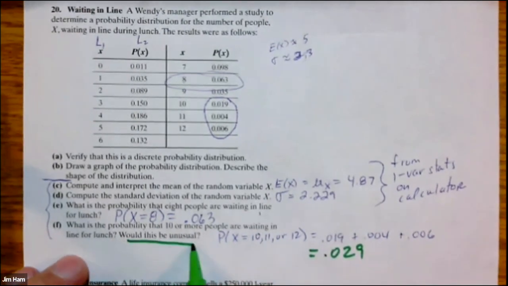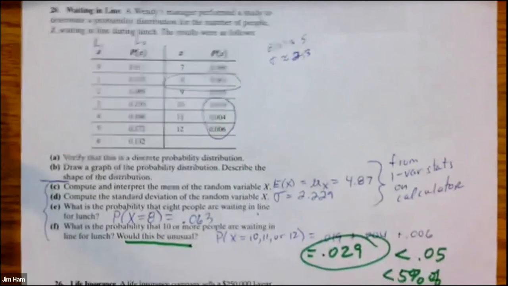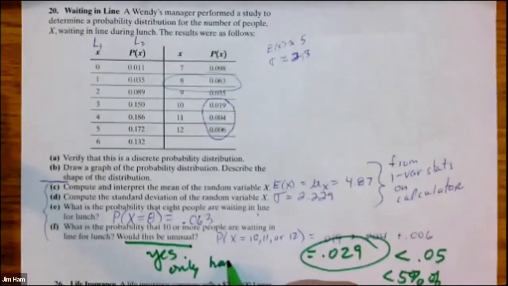Would this be unusual? That number is less than 0.05. So it's less than 5% of the time. And that makes it unusual using our rule of thumb. Yes, only happens 2.9% of the time.